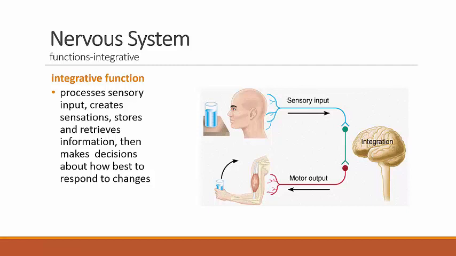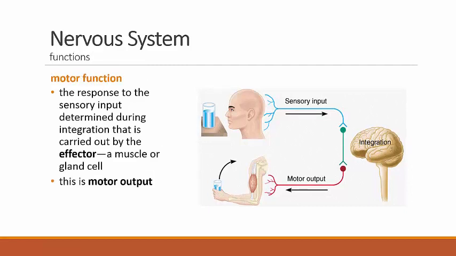It also includes storage and retrieval of information, so memories are involved in the integrative function. And then the last piece is to take that sensory input, take all this stored memory, and use it to make decisions about how best to respond to the stimulus. And so it crafts the response.